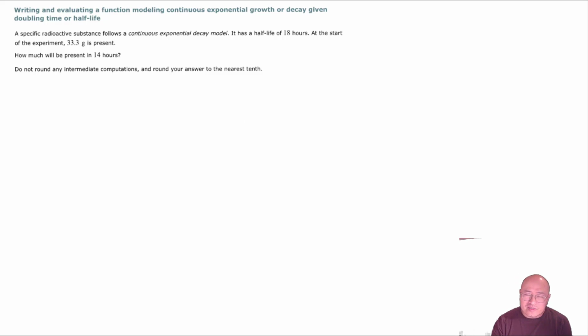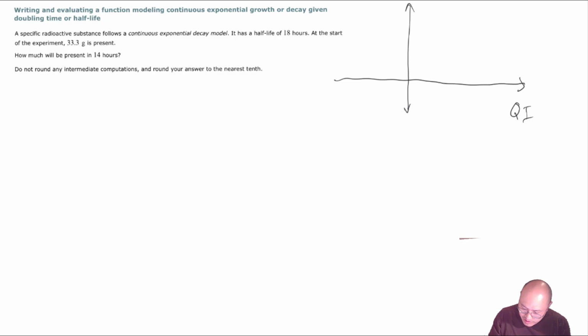The first thing you want to do is get a little bit of a picture in your head that this is actually a decay model. So we're going to focus in the first quadrant. So this is quadrant 1 up here. And we do know the y-intercept.